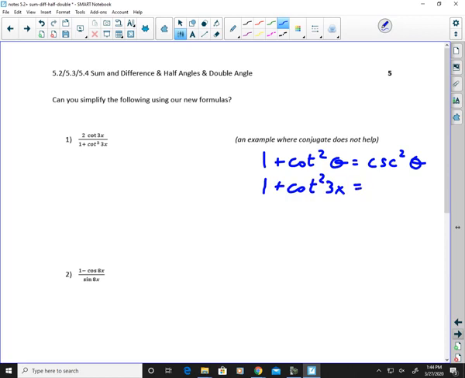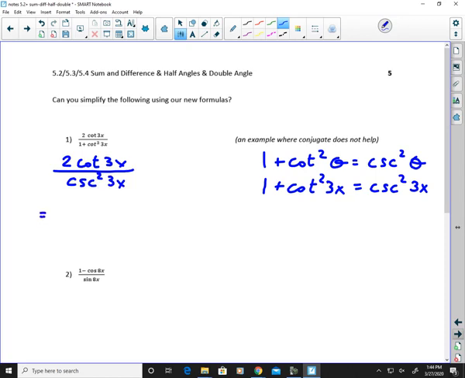So knowing that that really is just going to mean that we're going to have the cosecant with the 3x. So I am going to rewrite this over cosecant squared 3x. Now what I'm going to do is I'm going to write things as sines and cosines.